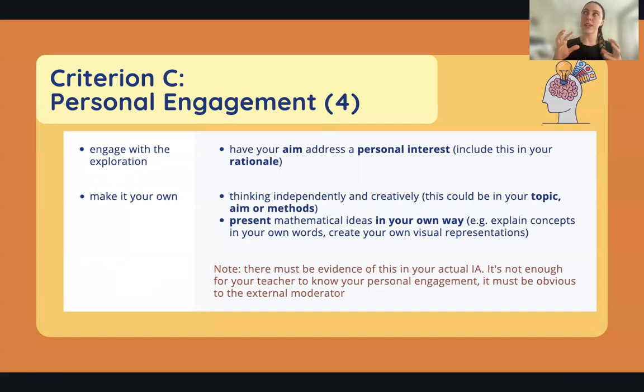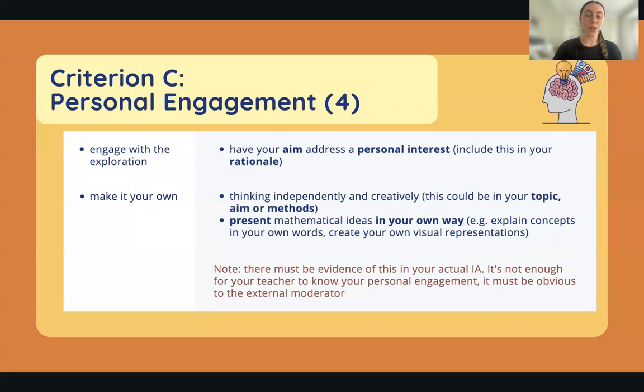So make it clear when you have had this creative or independent thinking, where you've needed to address some sort of issue, or you've almost preemptively recognized an issue and therefore designed your maths IA in a particular way. It needs to be in your IA. You can't just chat about it with your teacher and say you're personally engaged, because even though your teacher is marking it, the external moderator is moderating those marks.